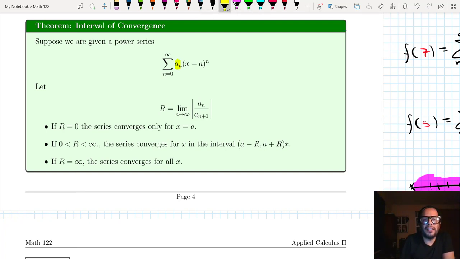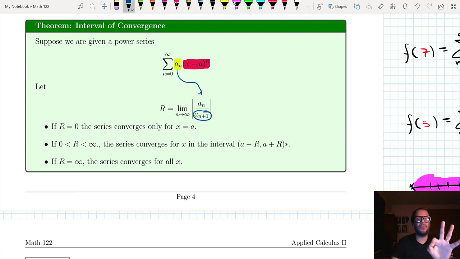Focus on the part that doesn't have an x, that is the a sub n. So yes, we still have this x minus a to the n, which tells us where the series is centered. However, we are going to take only the a sub n, the part that doesn't have any x's. Plug it in here, divide by a shifted by n plus 1.